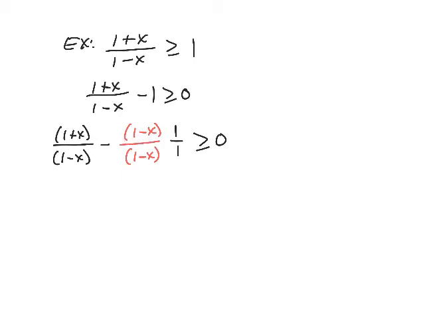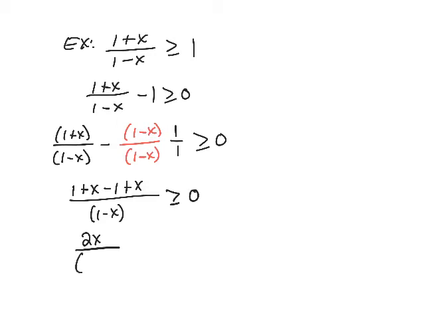That's one of the biggest mistakes I see. Okay, putting everything over a common denominator, I have 1 plus x minus 1 plus x all over 1 minus x. So I combine, I have 2x, and the 1's add to 0, so I just have 2x over 1 minus x, and that's greater than or equal to 0.